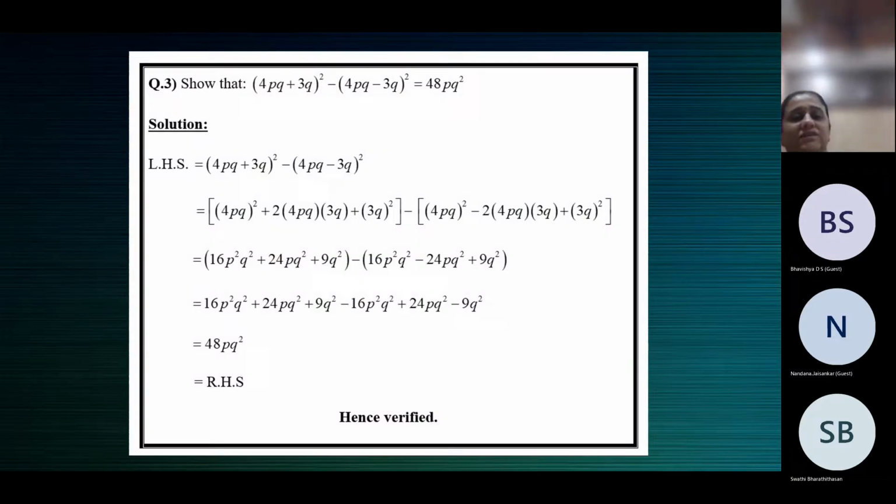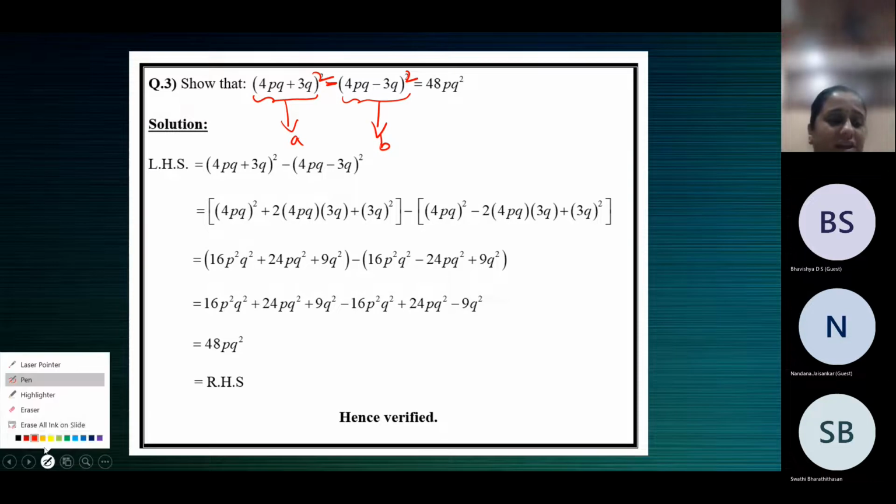Now see the other method. We can use the identity A square minus B square. How and why? Because see here, we have to show that this one square minus this one square is equal to 48 PQ square. So you can treat this full thing as A square minus this full thing as B square.